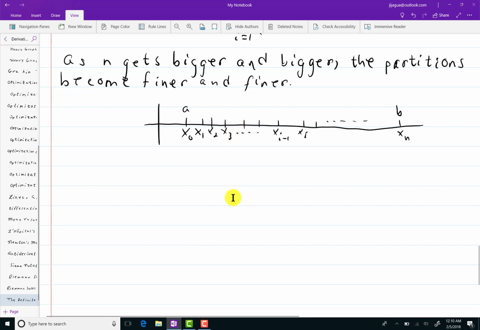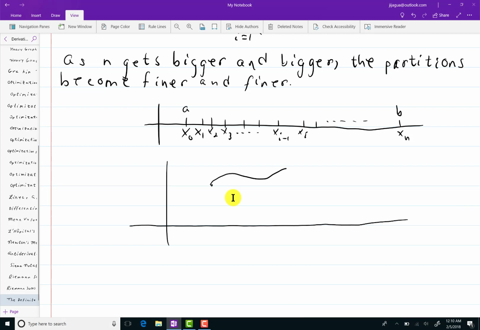So here's what will happen in the scheme of things. At some point on the graph, let me expand my x sub i minus 1 to x sub i. Here's something you notice on just that subinterval for a minute.